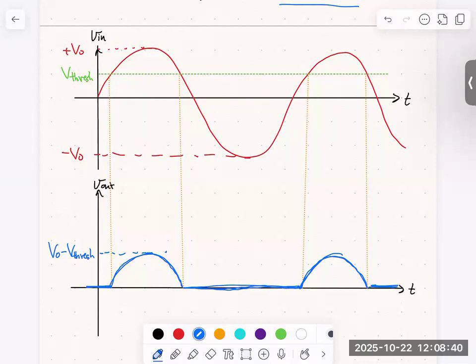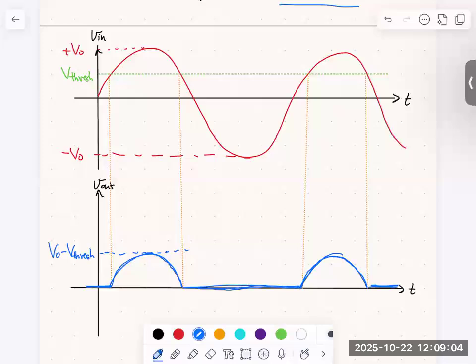So we were trying to make an AC to DC converter, and we certainly haven't done that yet. If we look at our output, it's clearly not a constant DC voltage. But what we have done is we've managed to make an output that doesn't average to 0. If I average the input, it's half the time positive, half the time negative.